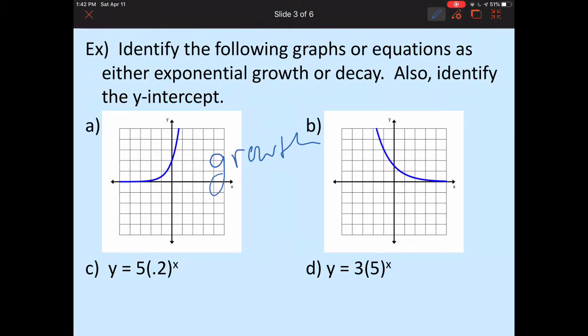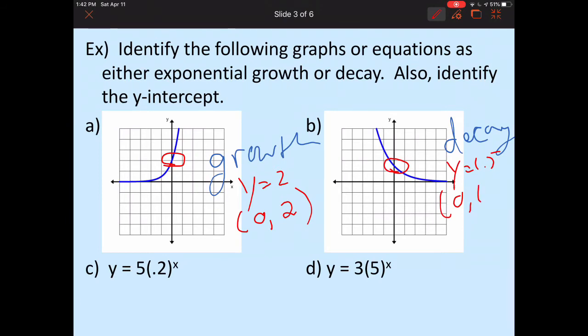The y-intercept is right here, so that is y equals 2, or if you wanted to write it as a point, (0, 2). This one here is going down, so this is decay. And the y-intercept here looks like it's 1.5, so y equals 1.5, or again, (0, 1.5).